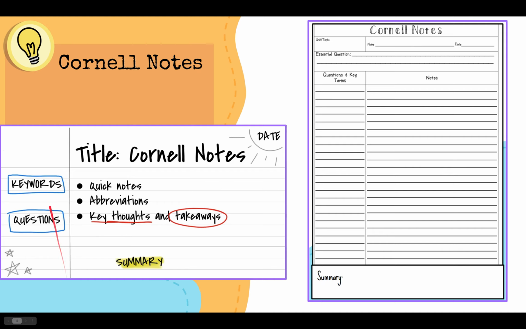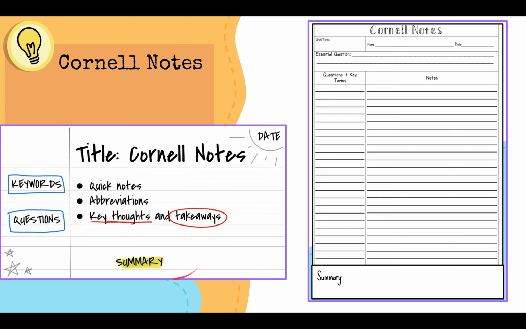On the margin, which is this space to the left, you're going to leave that space empty for important terms or vocabulary and any questions that might pop up for you when using the resource. On the right-hand side, which is the larger portion of your paper, you're going to leave it blank so that you can take quick notes, make abbreviations, and write down any key thoughts and takeaways from the resource that you're using.